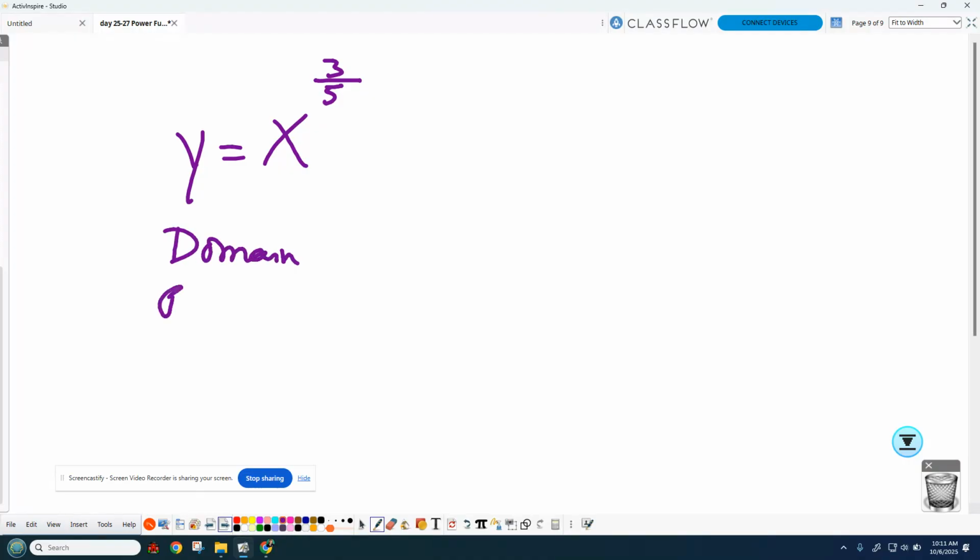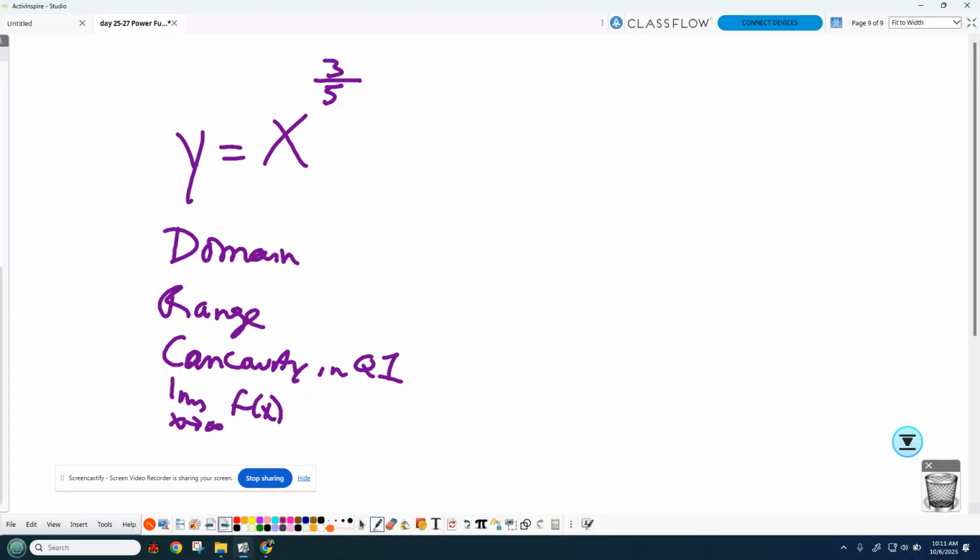Tell me all these things. Concavity in quadrant 1. Right end behavior. Maybe I will ask left end behavior just to be spicy. Maybe I will ask, what is the function as we approach 0 from the right?